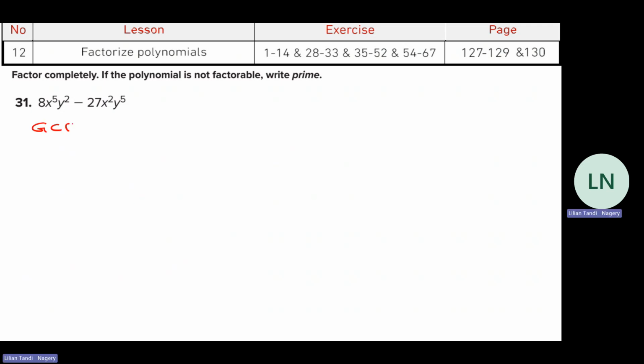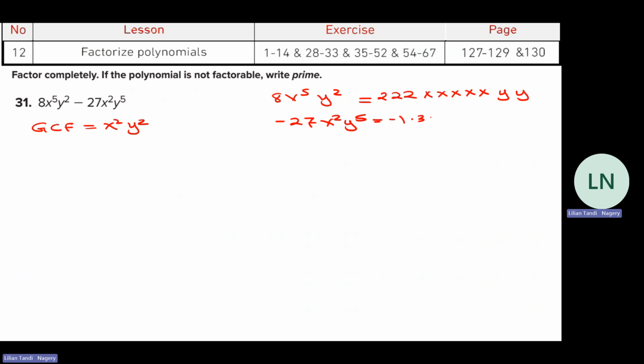Find GCF, which should give you x squared y squared. So 8x to the 5th y squared minus 27x squared y to the 5th. So it is 2, 2, 2, x, x, x, x, x, y, y.